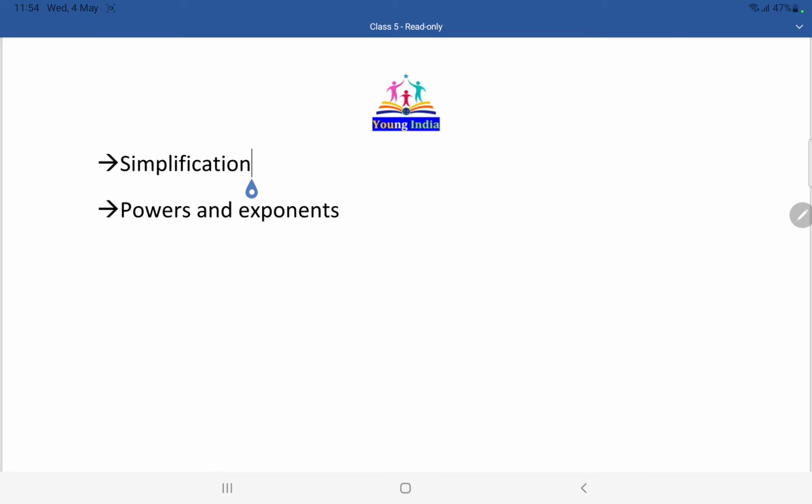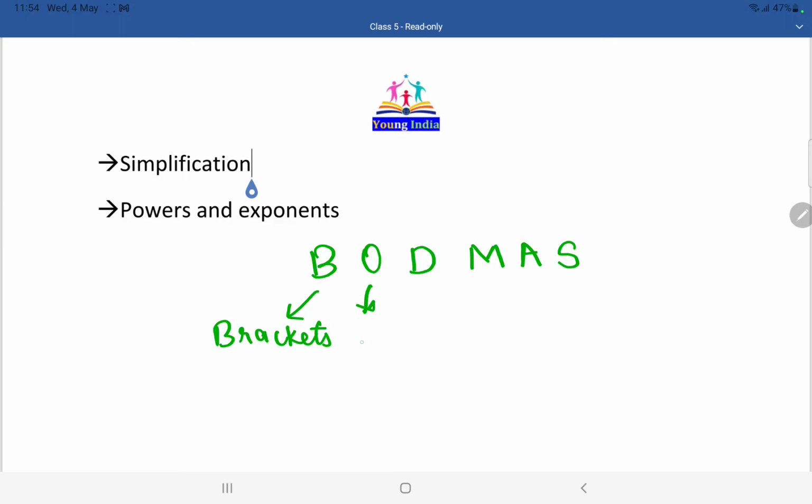But the most important process of simplification that you need to understand is the BODMAS rule. What is it? It is the BODMAS rule. In this BODMAS rule, B stands for brackets, O stands for order or of, any one of these, either order or of.